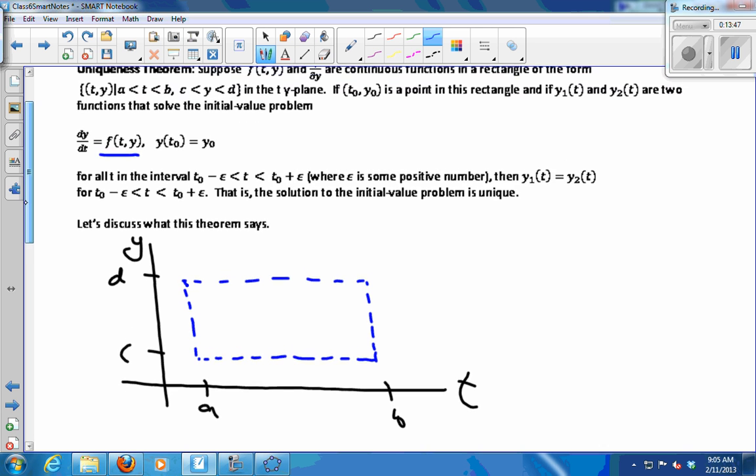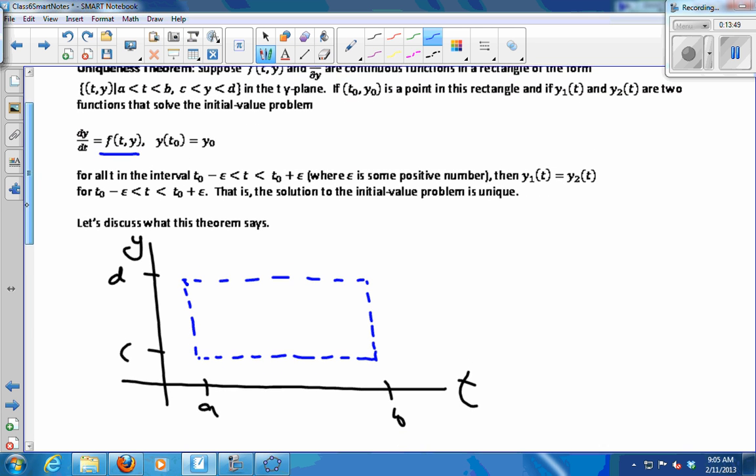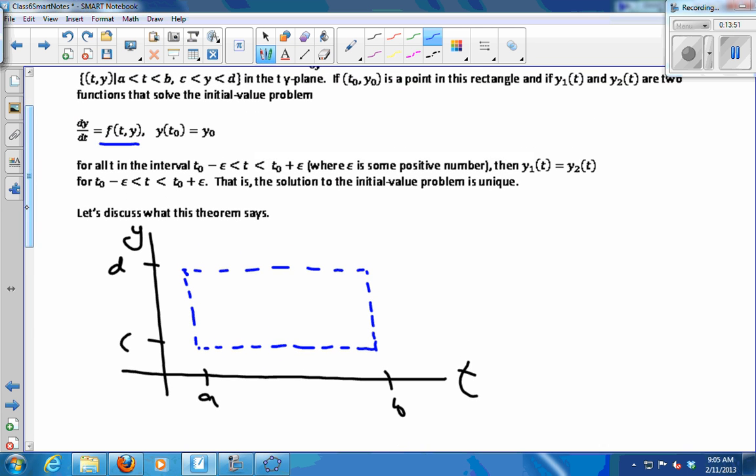All right, and then it says, if you can satisfy that, and t naught, y naught is a point inside the rectangle, and y1 and y2 both solve this initial value problem, where this point has to be on the solution.